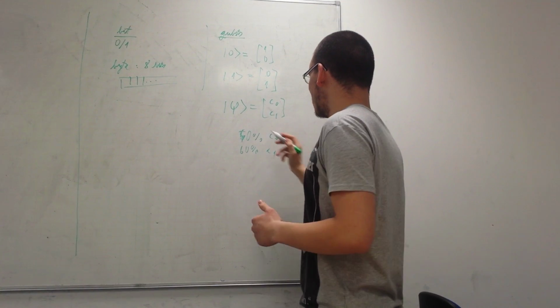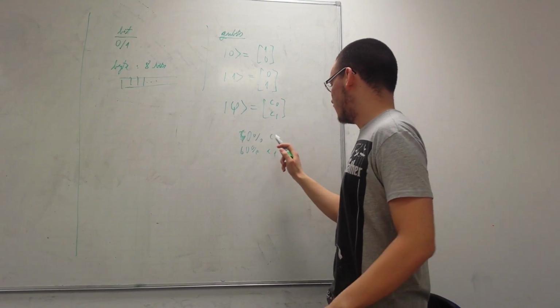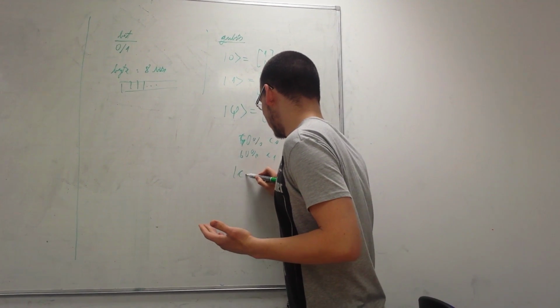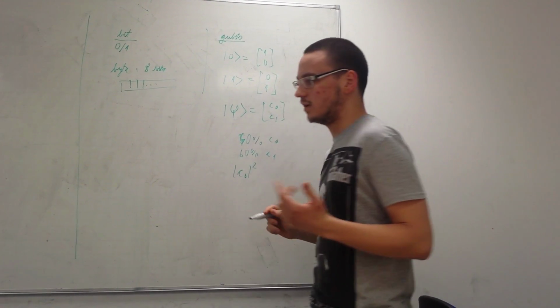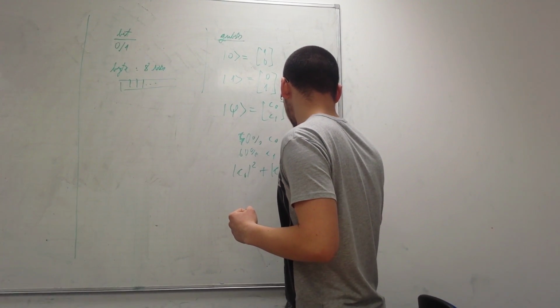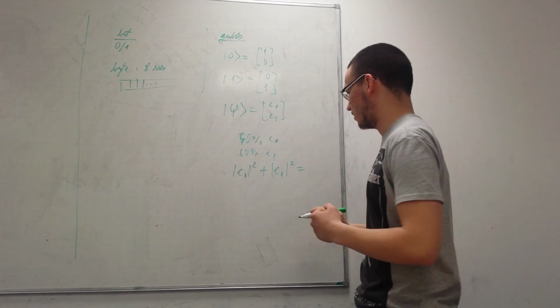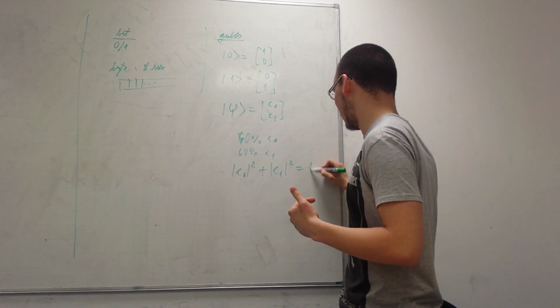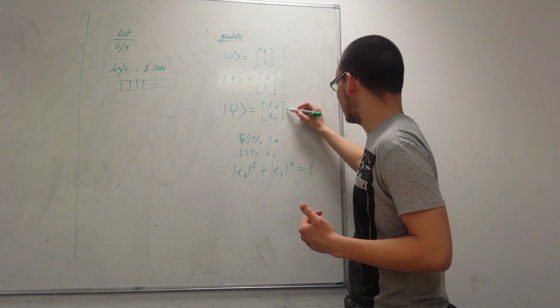So how do we end up with these percentages, with these probabilities of being in one state? It is just by taking the modulus and squaring it. So we have the constraint that the total of the squared moduli has to be 100%, so 1. So this will be our condition.